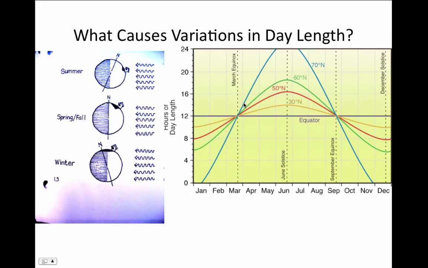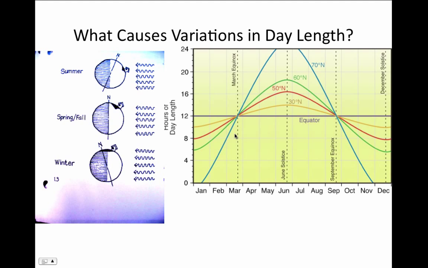So here's showing again, variations in day length are caused by the tilt of the Earth on its axis. The Earth is spinning around its axis, where this line is in the north. I think I have a slide that shows this a little bit better later, so I'll explain that later.